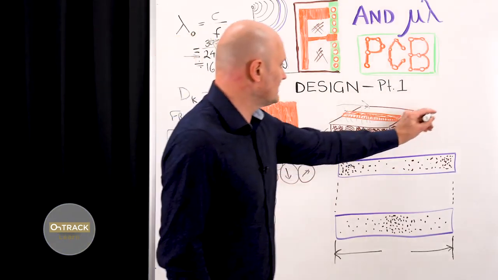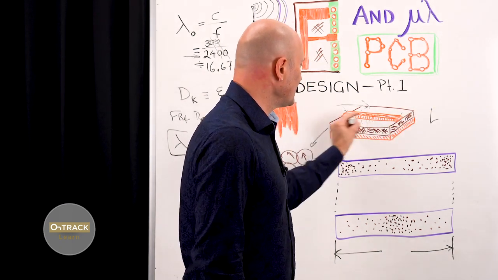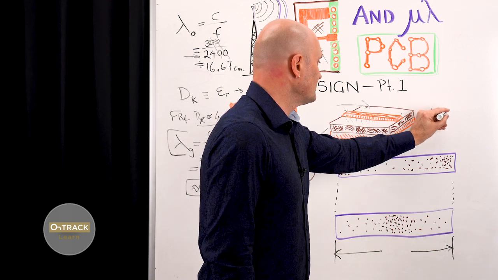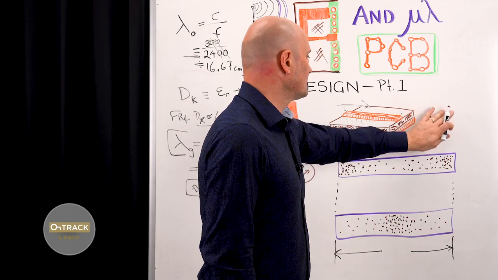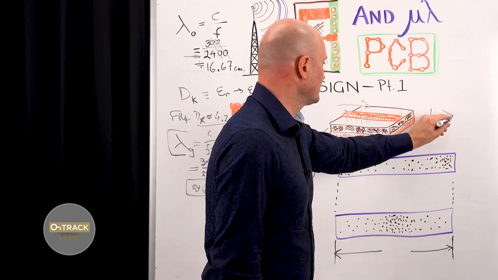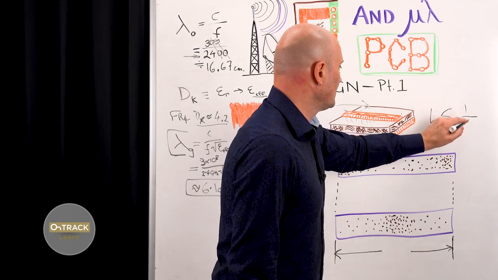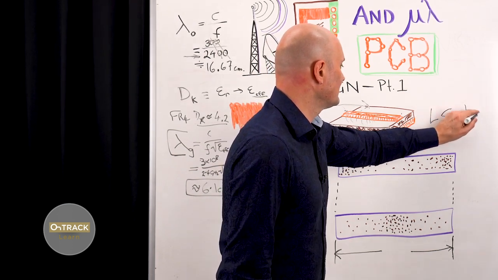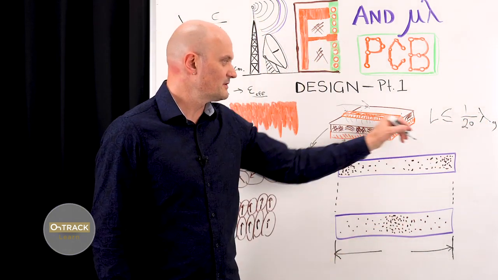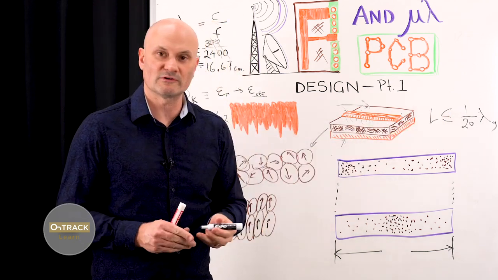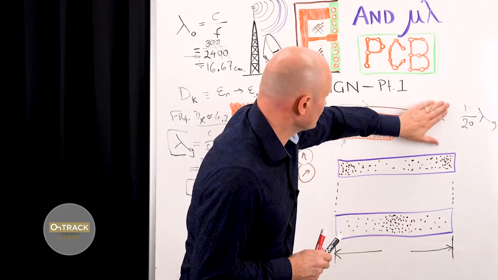The general rule is when your length of an interconnect on a PCB is going to be greater than or equal to 1/20th of the guide wavelength.